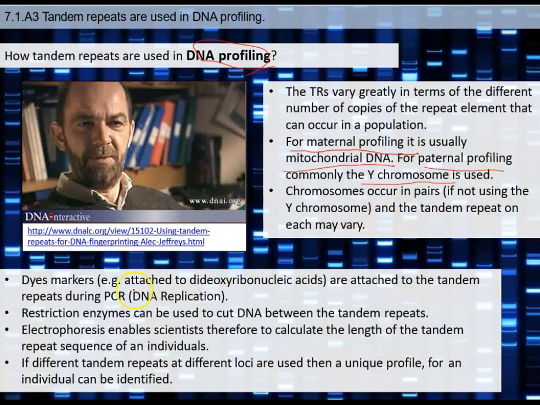That's it. And dye markers attached to the deoxyribonucleic acids are attached to the tandem repeats during the PCR. This is the technique, how it's done. It's not the concept, it's the technique. It's exactly explaining what we talked about in the previous slide regarding how the DNA sequencing is done.